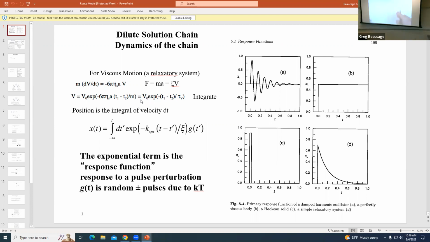There's a slide that does this, but so you have force is the velocity times the friction factor. This is the drag coefficient, and that also equals the mass times acceleration. So the velocity is dx/dt, and this is d²x/dt². You have mass, and the friction factor is 6 pi r times the viscosity.